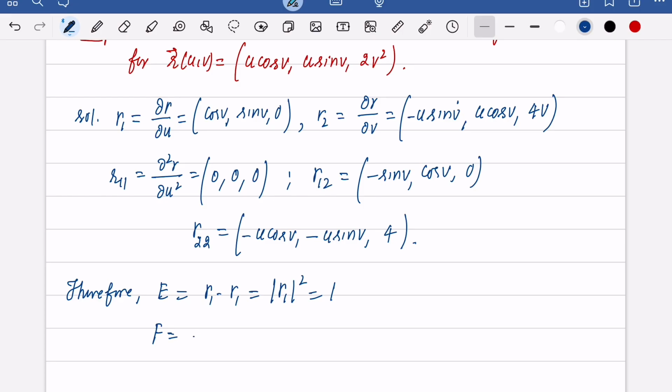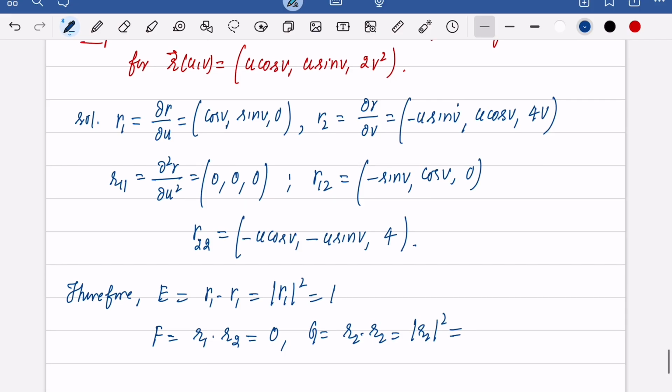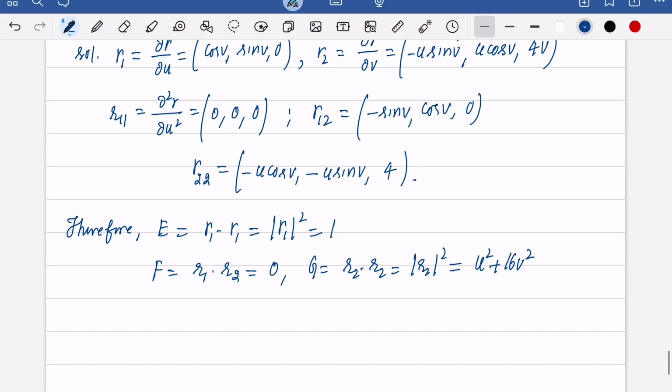Then F is equal to r1 dot r2, which similarly we can compute to be 0. And then G, which we define as r2 dot r2, can be expressed as modulus of r2 whole square. Now r2 has the coordinates (−u sin v, u cos v, 4v), and this becomes u² plus 16v². So these are the first order fundamental magnitudes.